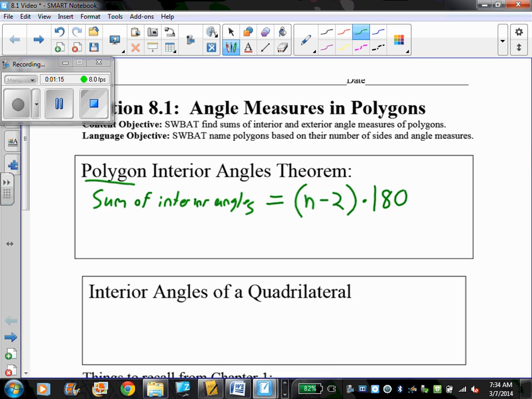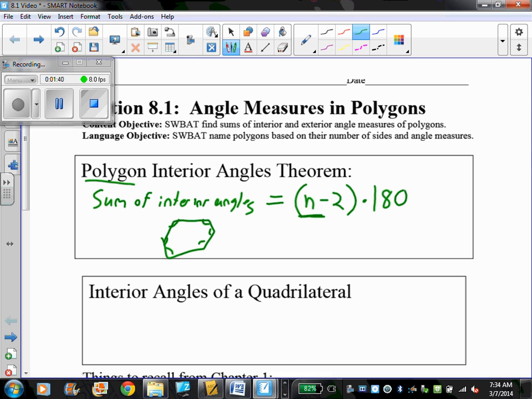So, for example, if we had any six-sided shape, it doesn't even have to have equal sides, 1, 2, 3, 4, 5, 6, I purposefully didn't draw those equal. If we wanted to know what all these angles added together was, we would plug 6 in.